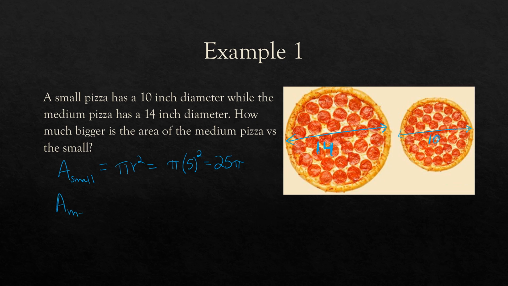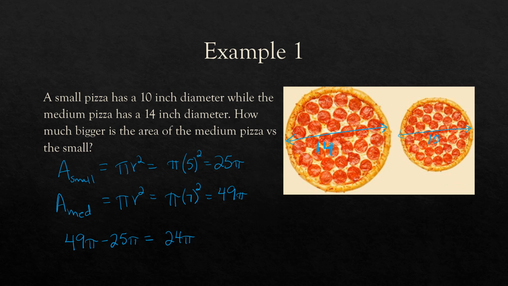How about our medium pizza? Again, it's pi r squared. And if our diameter is 14, half of that is 7 for our radius. 7 squared is 49 times pi. So the difference in area is 49 pi minus 25 pi. That is 24 pi.